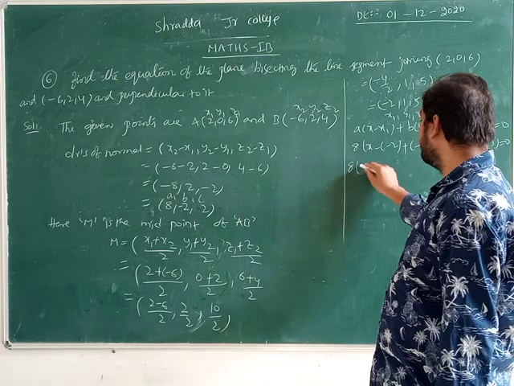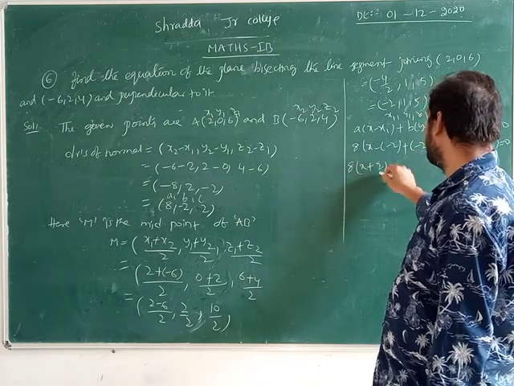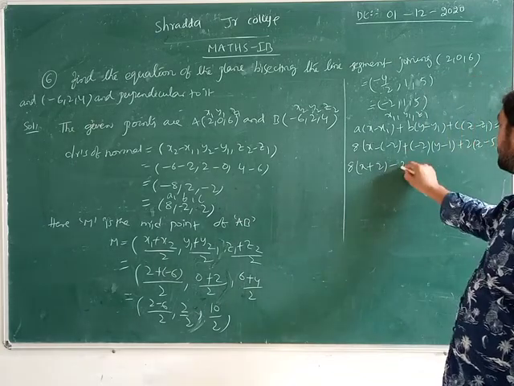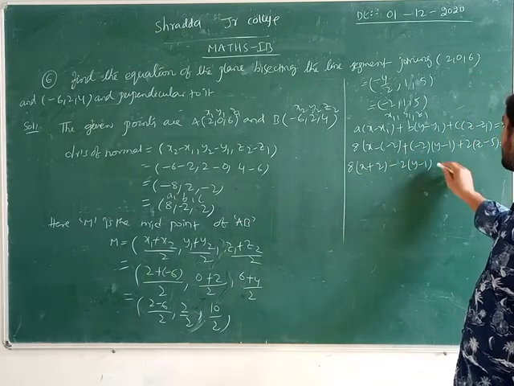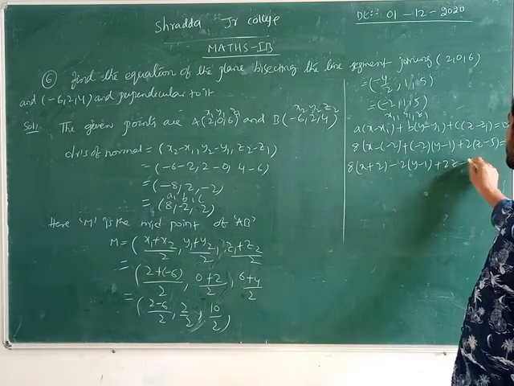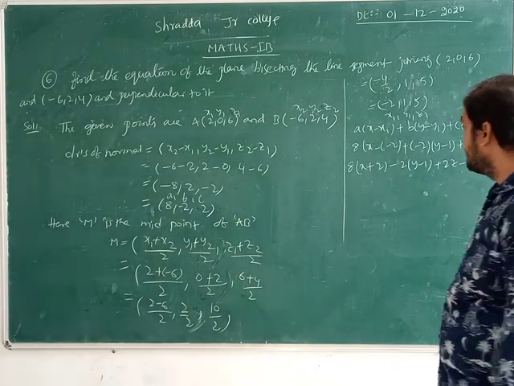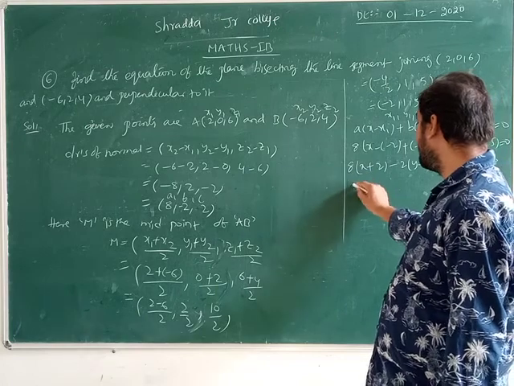So see here, 8 into (x minus minus 2), plus minus 2 into (y minus 1), plus 2 into (z minus 5), equals 0.